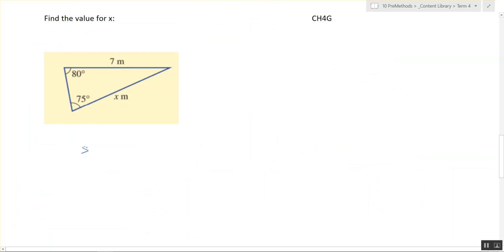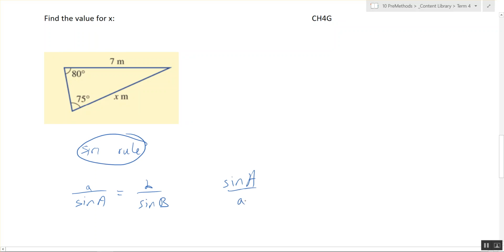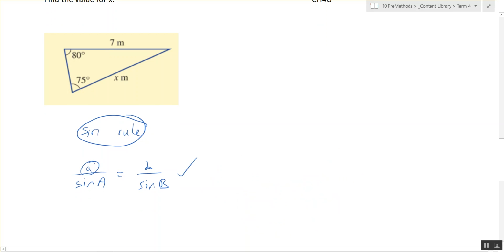To use the sine rule, sine A over A equals sine B. The first one, why? It's because you don't have to do the long equation to switch sine B around. Yep. So tip for the exam, use the one where the unknown is on the top of the fraction. So the side is on the top, so we're going to use that one. Okay, so then that's worth a mark, then you substitute in.